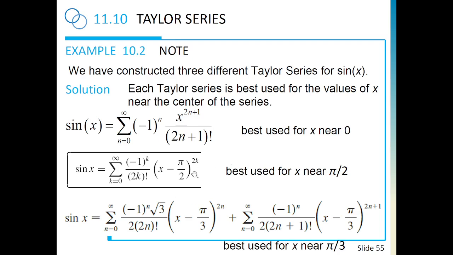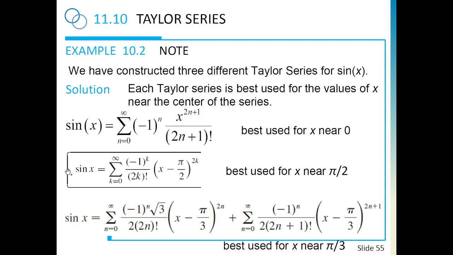Now imagine you want to know what is the sine of, let's say, 80 degrees. Well, 80 degrees, you need to convert it into radians, because pi over 2 is like 90 degrees, right? So I convert 80 degrees into radians and I plug in x, the number that I get there. So this Taylor series centered at pi over 2, because 80 is close to 90 degrees, right?